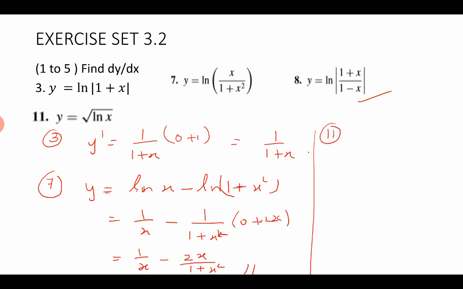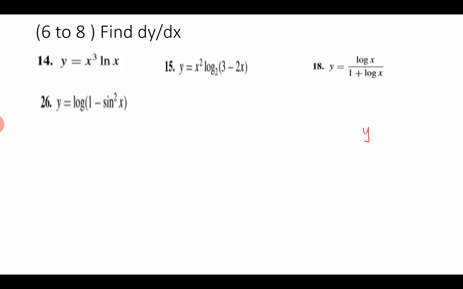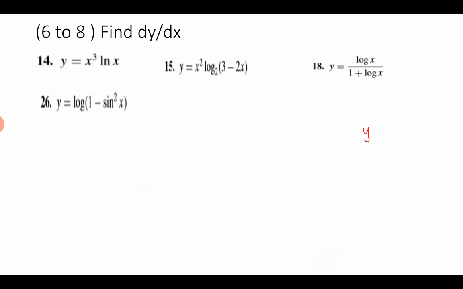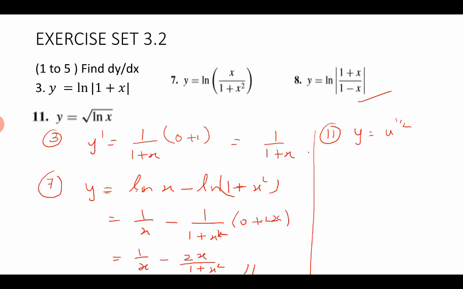Actually, this is a kind of y is equal to u to the power half. When you differentiate, first use the power rule, and then this is to be handled by using chain rule. Half u to the power half minus 1, and then du by dx. What is u? Where u is ln x.